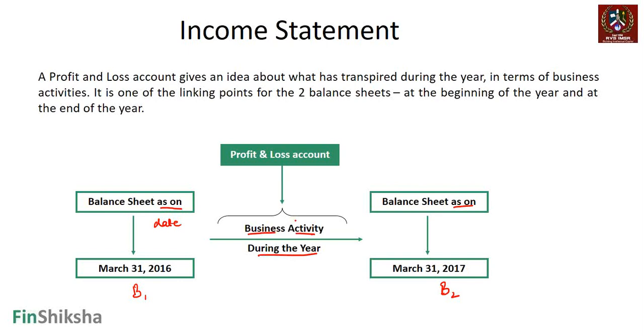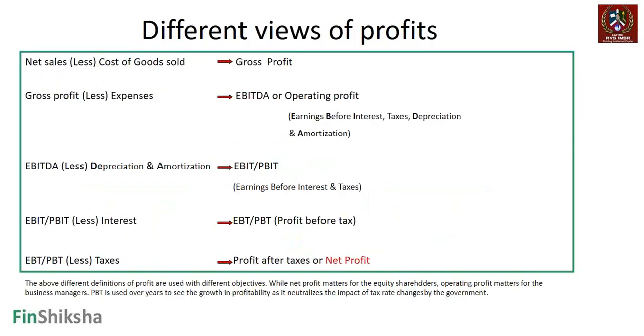The money you make and the money you lose in this process is accounted in the profit and loss account statement. Essentially, you will book whatever sales you have made and whatever costs you have incurred, and then try to find out whether a profit was made. If there is no business activity during the year, then the balance sheet will be the same as last year's, with no difference.